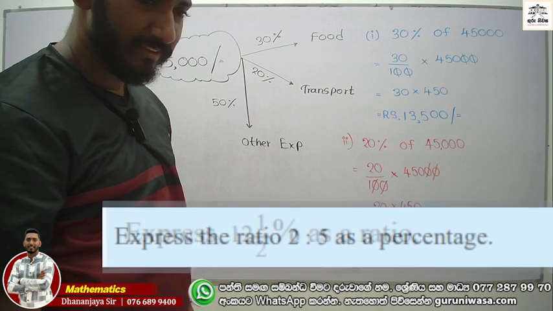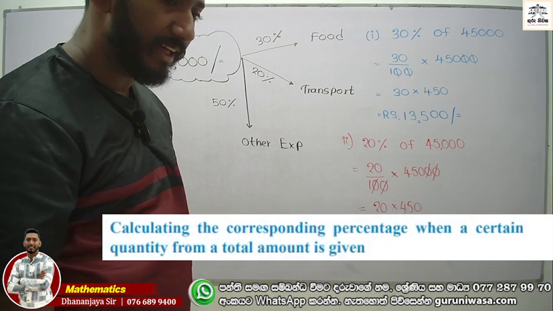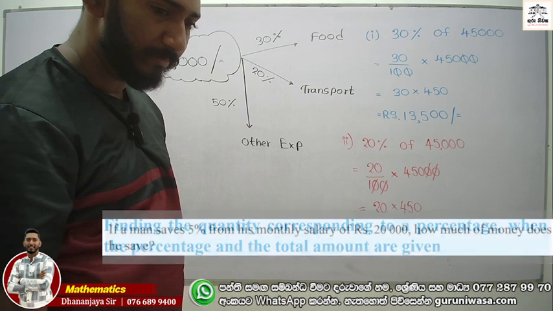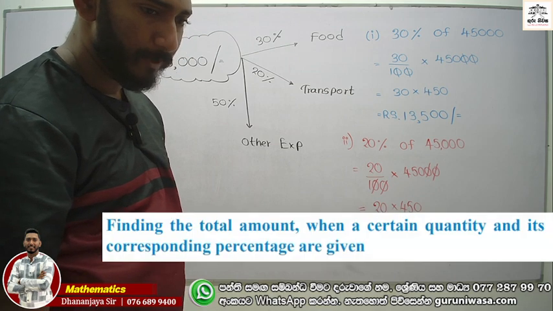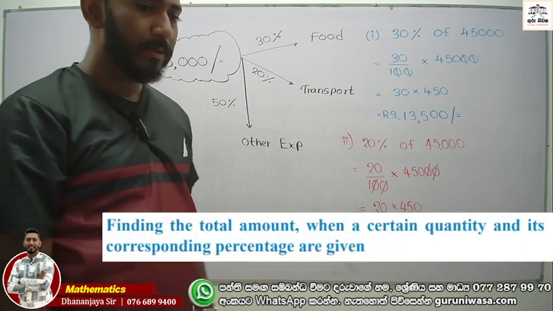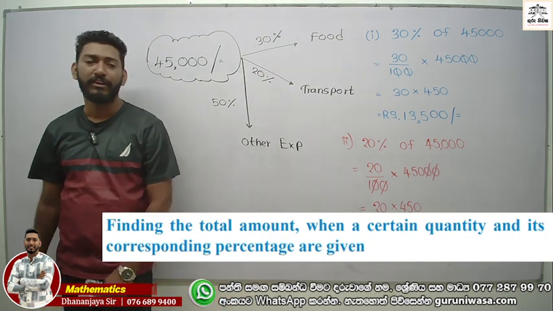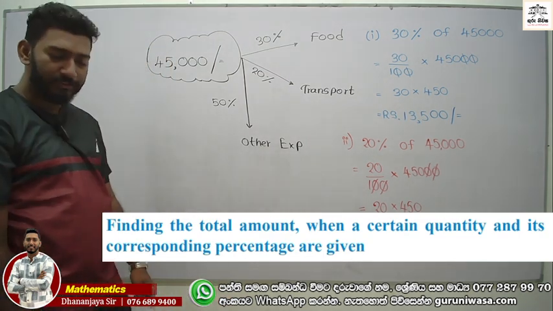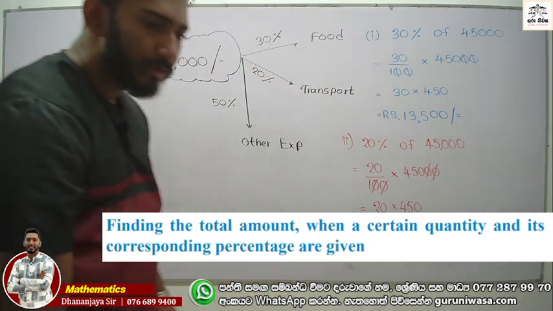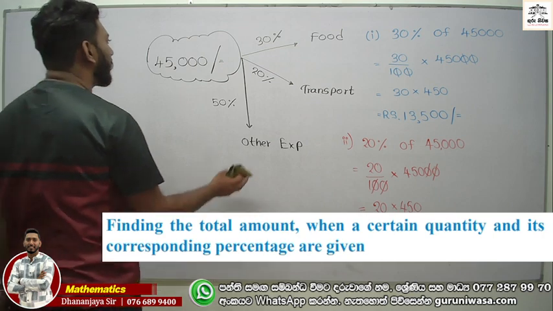Now we are going to the next topic, and this is the last topic in our lesson. Find the total amount when a certain quantity and its corresponding percentage are given.